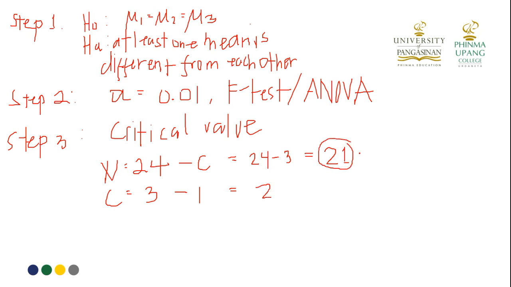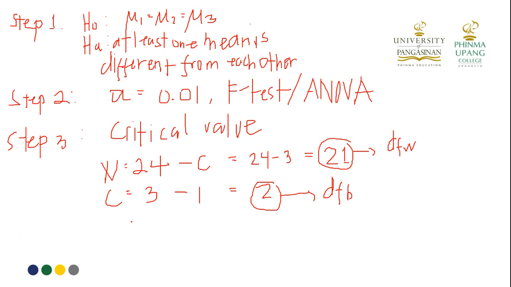Yung 21 na yan, tatawagin natin siyang DF W. Yung 2 naman, tawagin natin siyang DF B. So, what is DF? O, di ba, degree of freedom? Degree of freedom within, yung W is within, and degree of freedom between. Kapag between yung mababa, yung within is yung mataas.